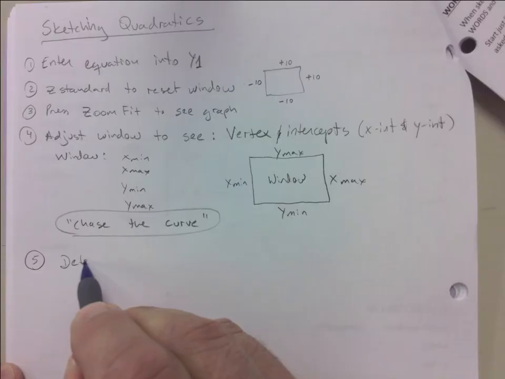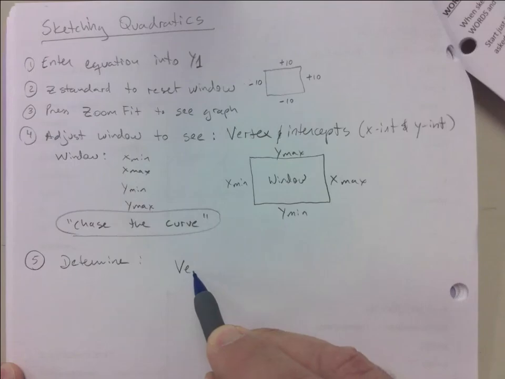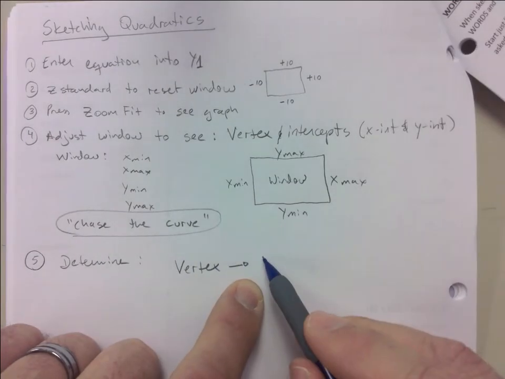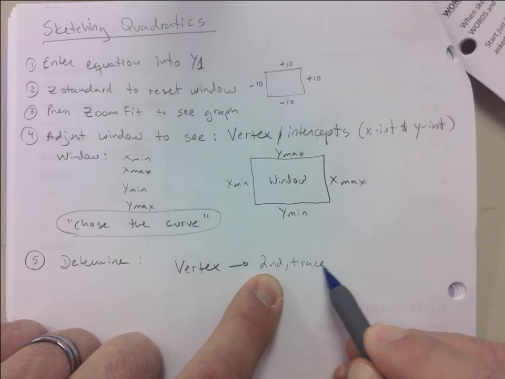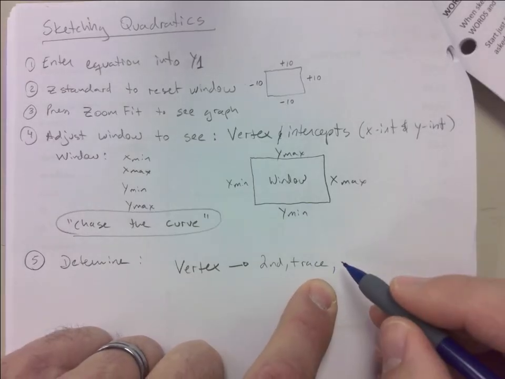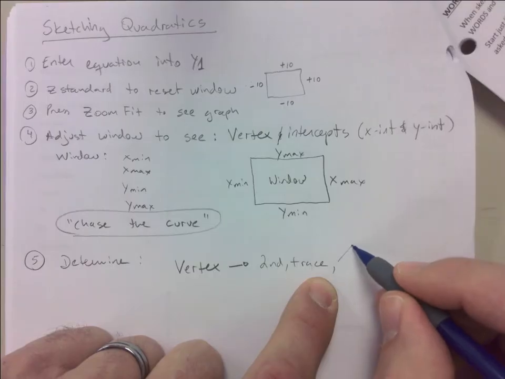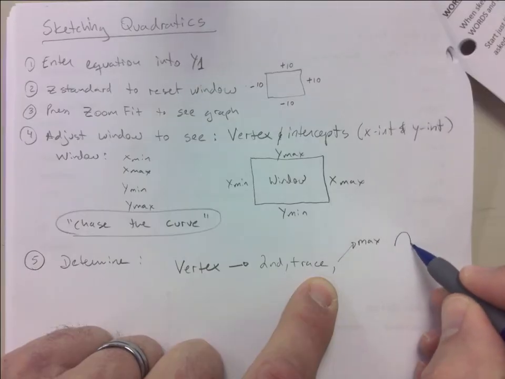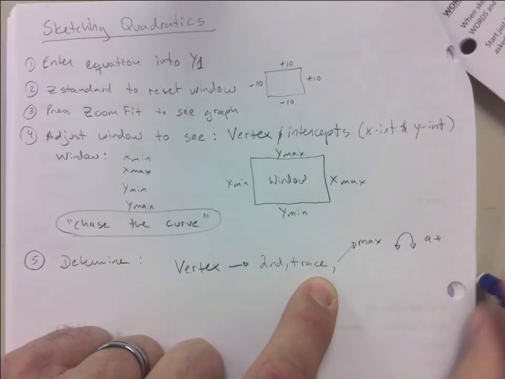And then number 5, determine vertex. How do you find the vertex? You press second, trace, and here it gets tricky. You would press max if it's pointing down. If A is positive. Sorry.